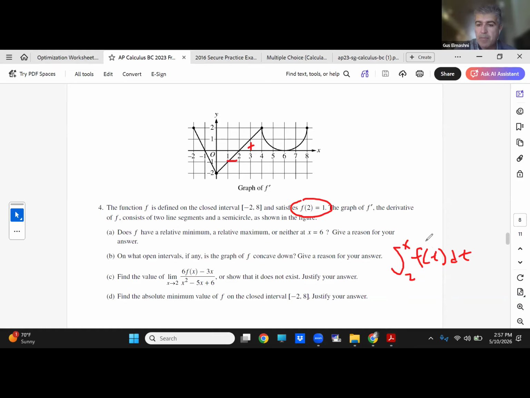That's what f of x is going to equal: the definite integral from 2 to x of f prime of t dt. There are going to be some backwards areas we'll have to consider as well. You use 2 because that's the only point they give us, right? Correct, right. Okay, all right.